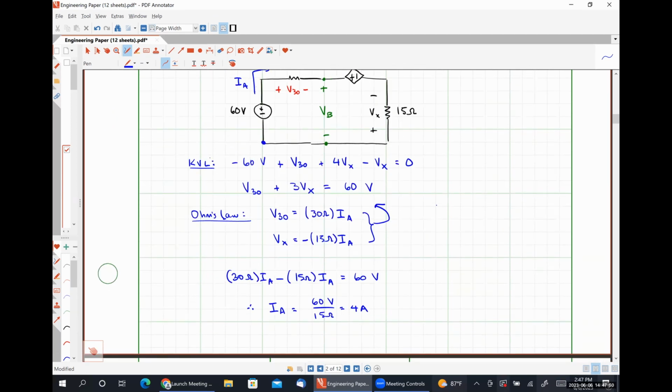All right, so we have found out that IA is equal to 4 amps. Let me see what's going on in chat here. You know what? You are absolutely correct. Mr. Lewis mentioned the fact that I don't just have Vx, I have 3 Vx.